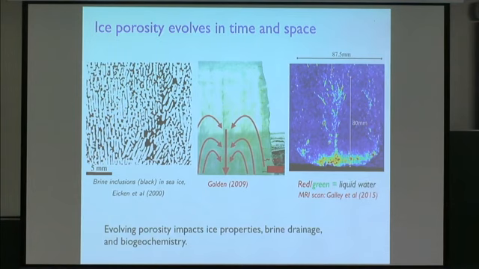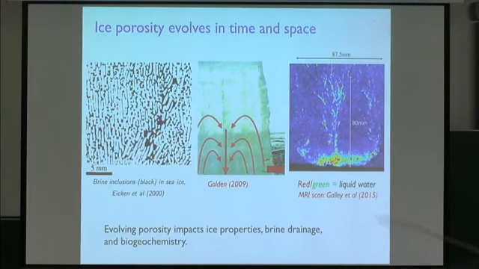You can also see this in MRI scans or other imaging methods. So this in here is an MRI scan. Basically what you're seeing is the red and greenish colors are showing you where there's a relatively high fraction of liquid water. So you see some evidence of there being a region of relatively high porosity that's vertically elongated.